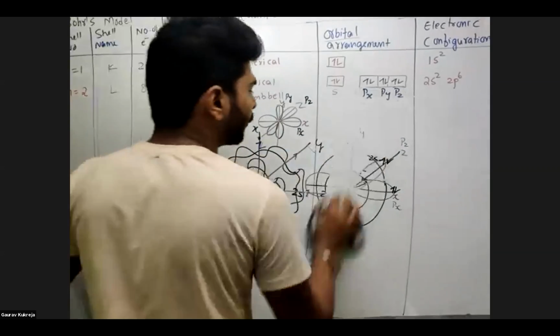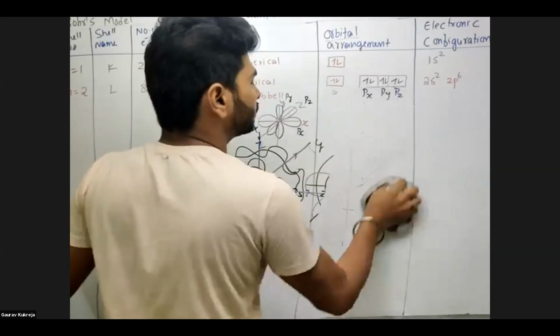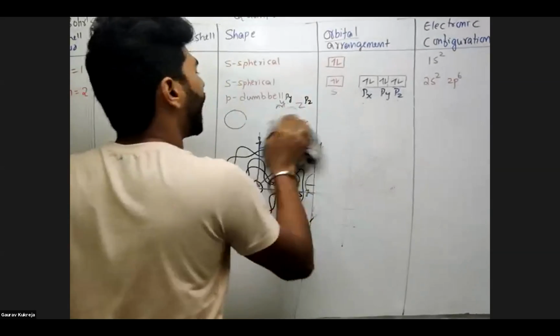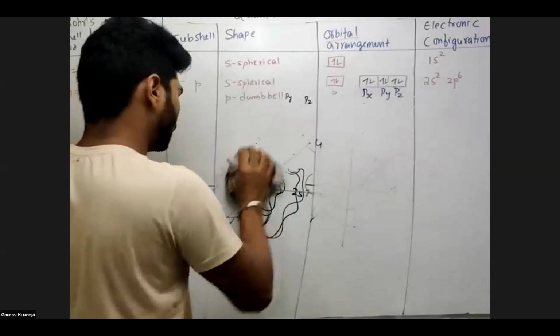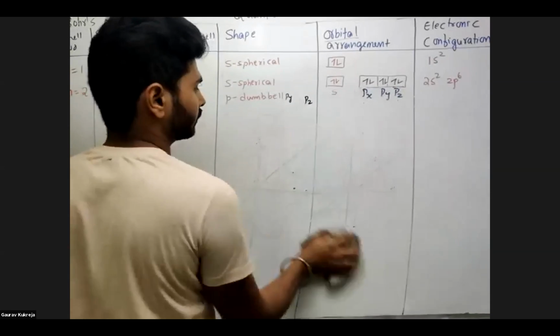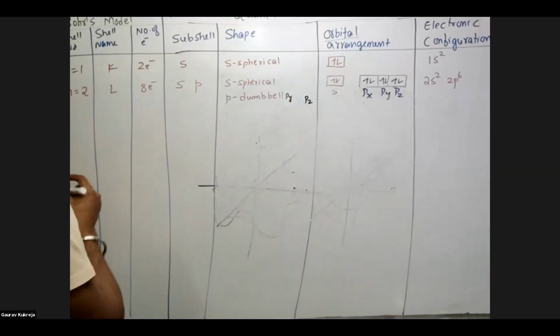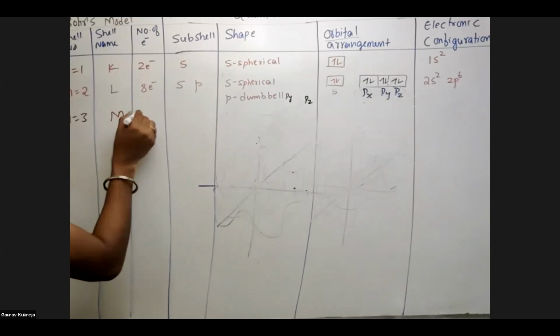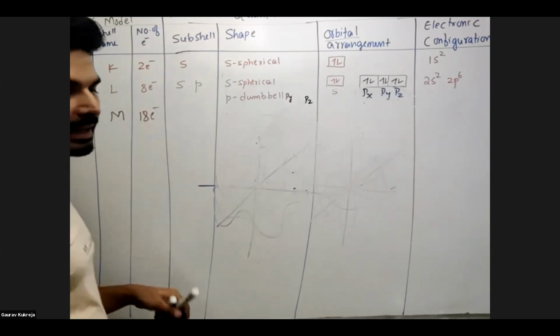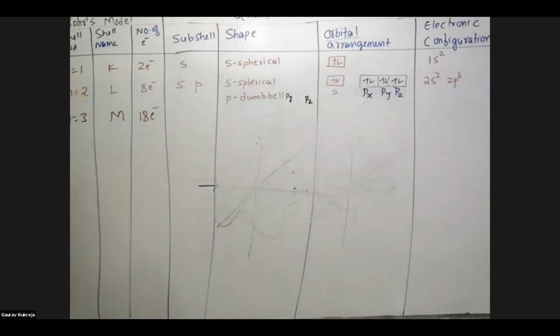Now let us proceed further. After filling 10 electrons over here, if I go to the third shell, n equal to 3, the M shell, as per the Bohr model 18 electrons can be filled there.